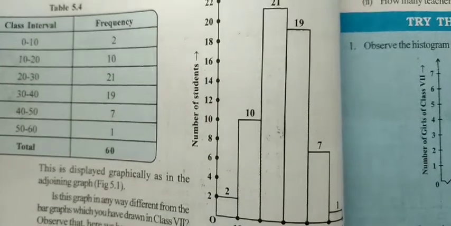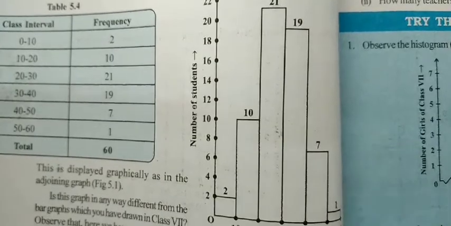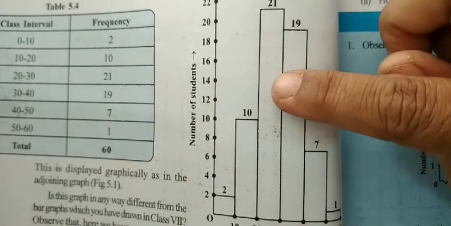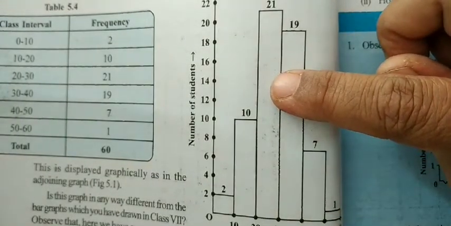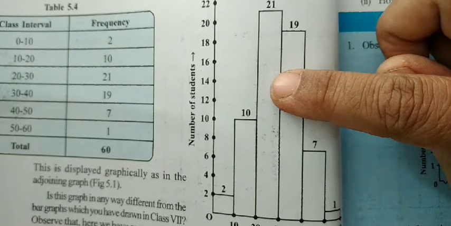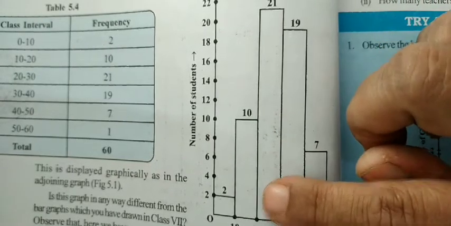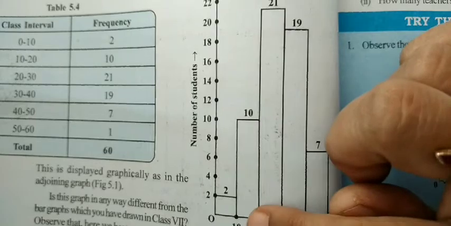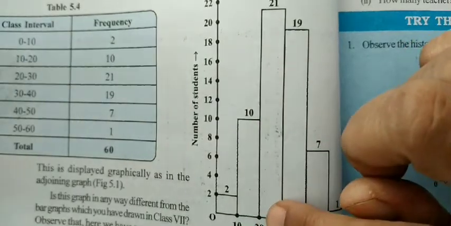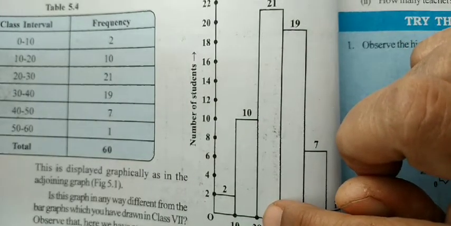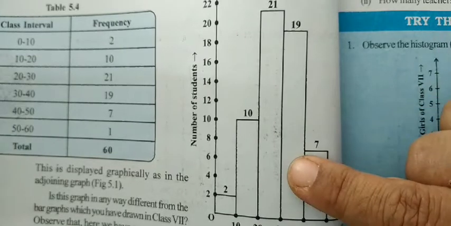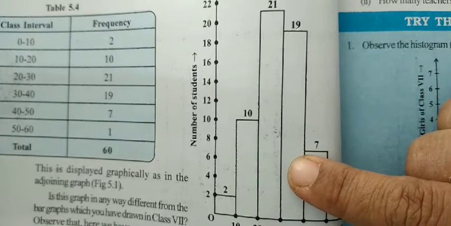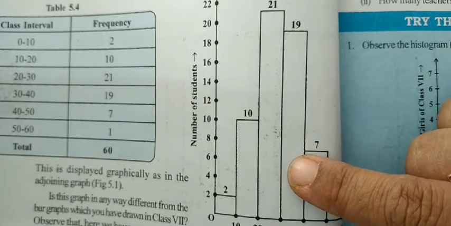So here you can say the height of the bar represents the frequency of the class interval. Okay, and one more thing is that there won't be any gap between the two class intervals, they are continuous, and this type of graphical representation is called a histogram. What is it called?